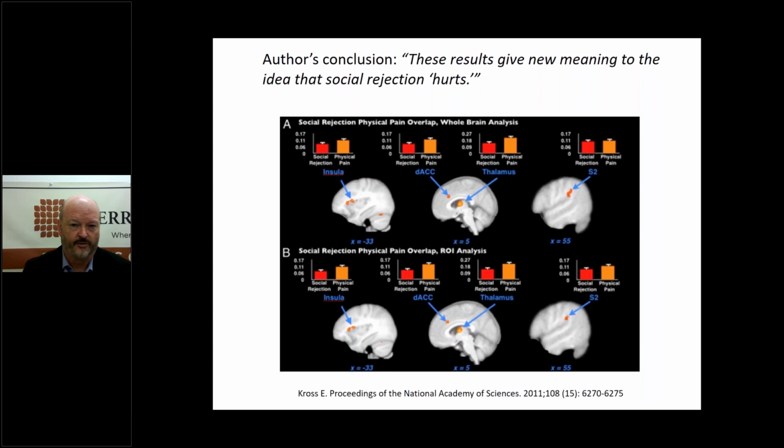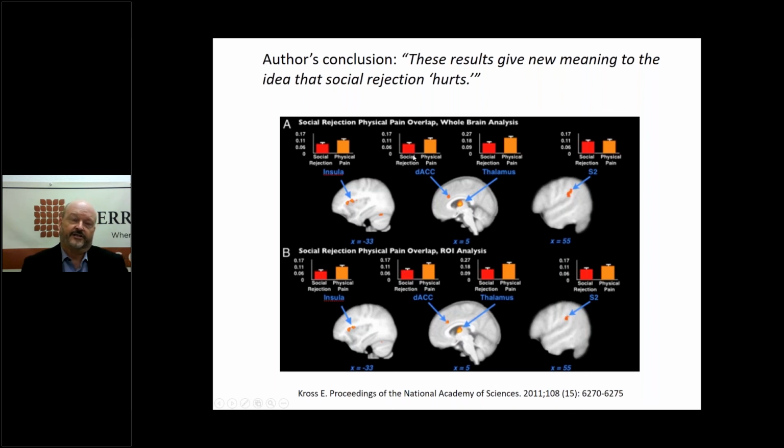They did the functional MRI after giving them a picture of the person that had rejected them and saying, think about them, think about the last time you talked to them. The idea was to fire up the social rejection circuits, and they could see that as the person was thinking about this person and the breakup and the rejection, certain parts of the brain light up, and that is in this dark red color in all these different scans.